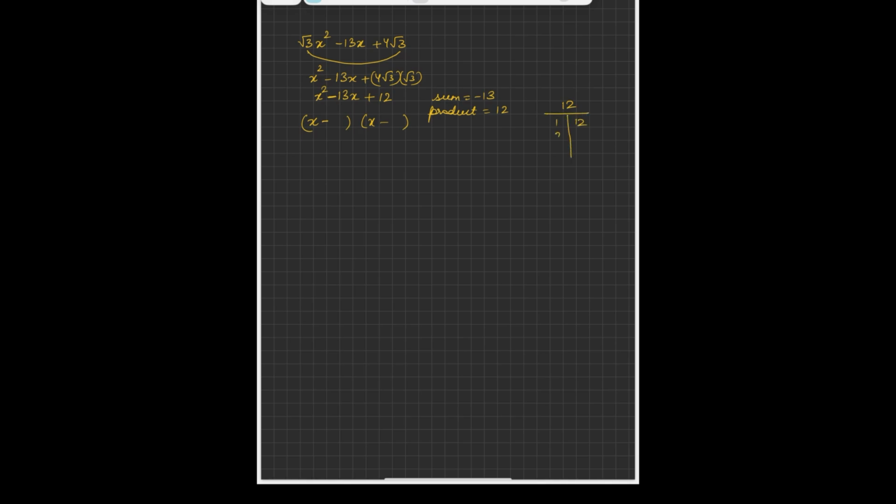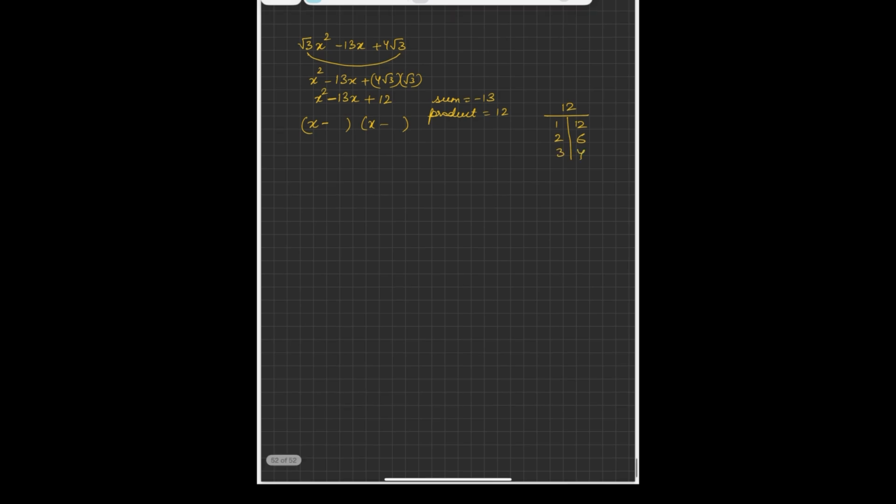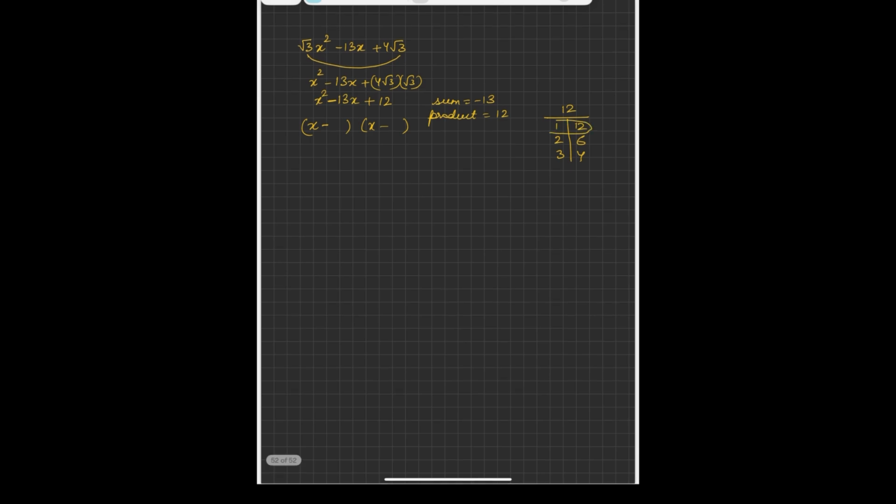So 1 into 12, 2 into 6, 3 into 4. Now 4 into 3. Now it's repeating. So only these are the factors. Now 13x is given. So 12 and 1 can be taken. So minus 1 minus 12 is minus 13 and 12 into 1 is 12. So the factors here are 1 and 12.